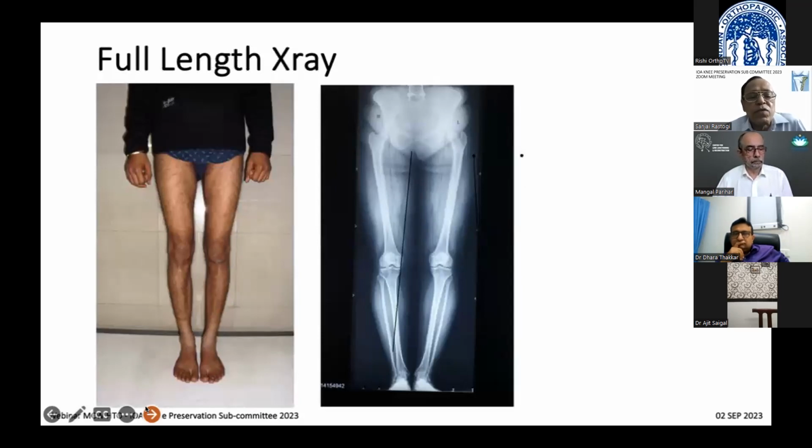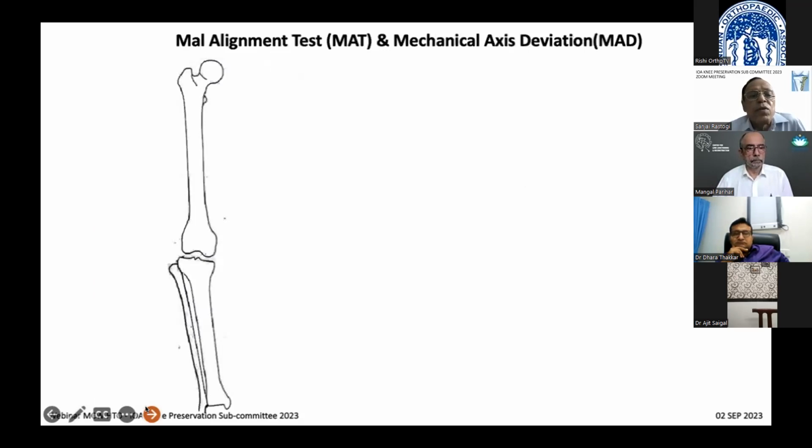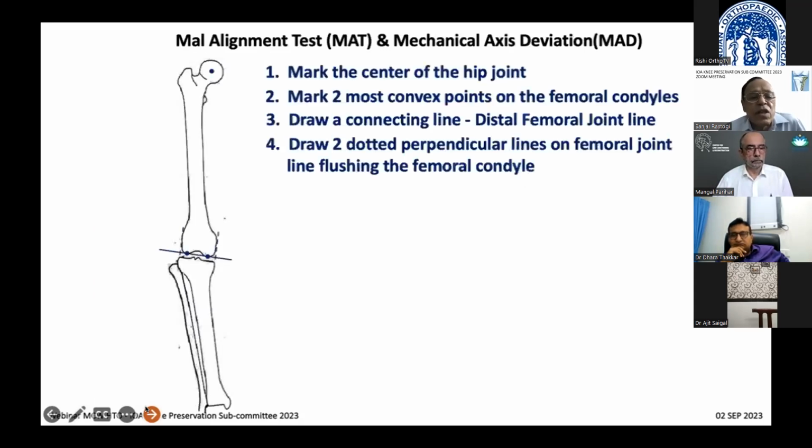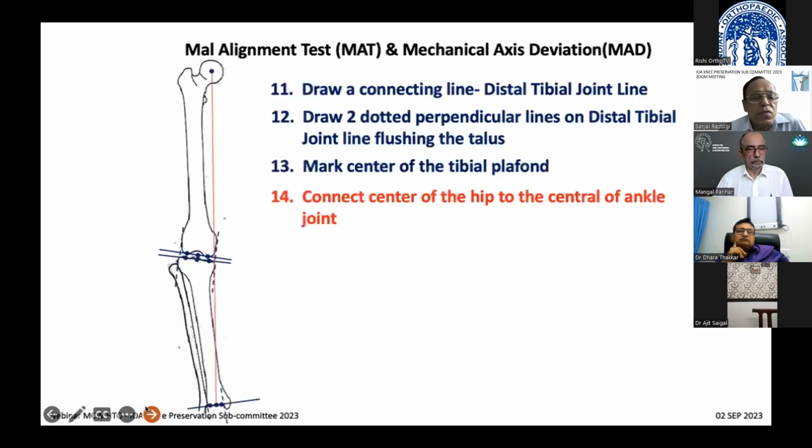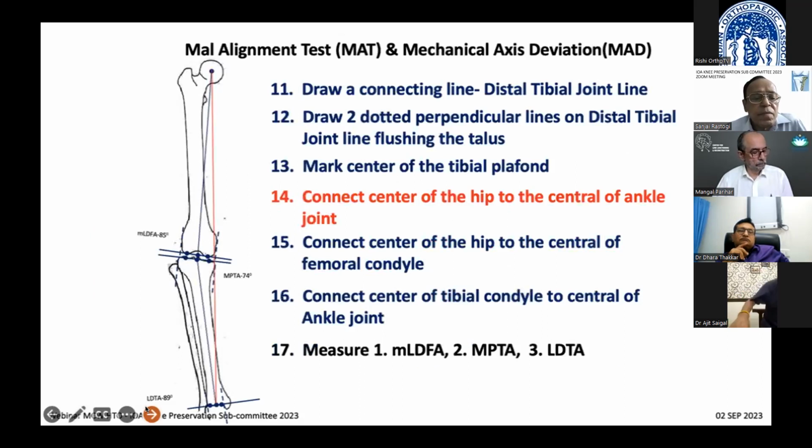And before we proceed, we must have a full-length X-ray with patella facing front. We must do the malalignment test and see whether there's a varus deformity. And then we should draw the mechanical lateral distal femoral angle and medial proximal tibial angle. And if the MPTA is less than 87 and mLDFA is normal, then we will have to have this procedure.